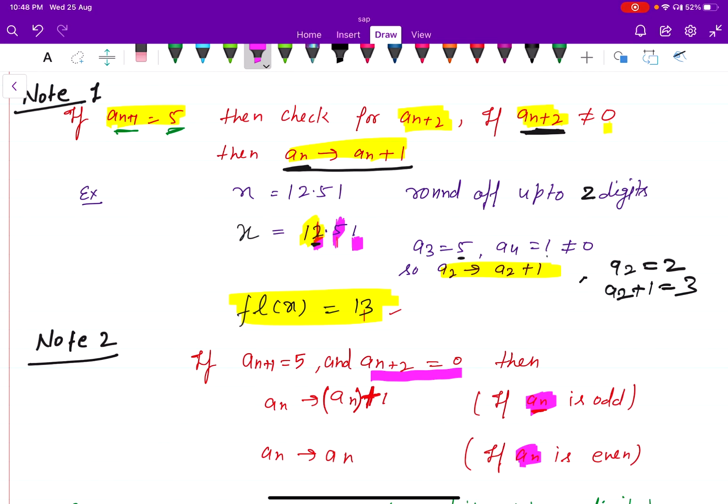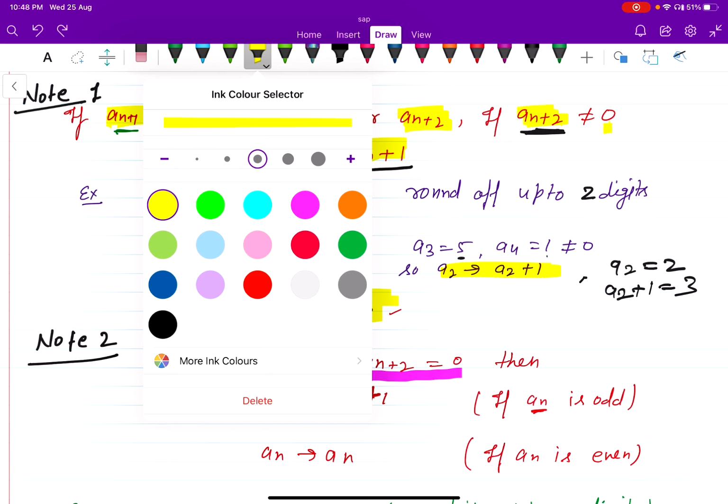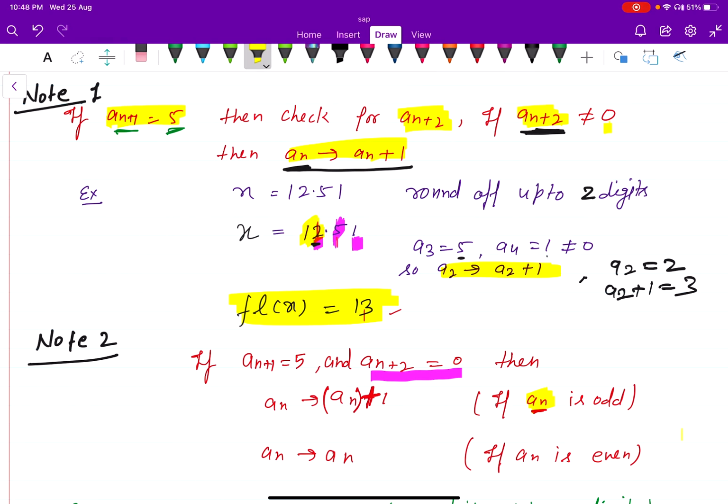If an plus 1 is 5 and an plus 2 is 0, in that case we will check what is an. If an is odd, in that case, we will add one to an. Okay. If it is even, there is no change. An will remain as it is.